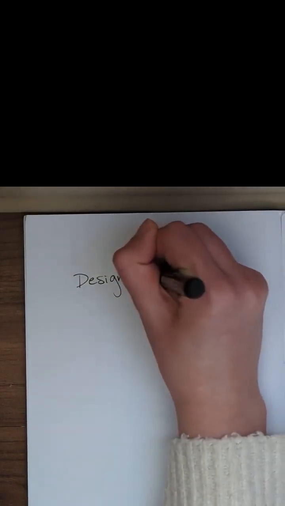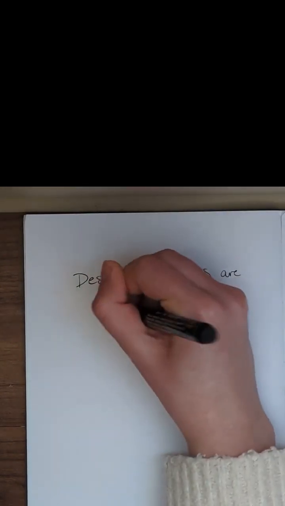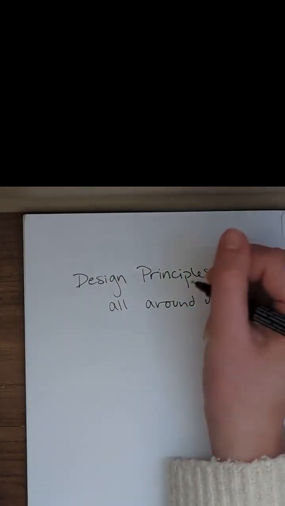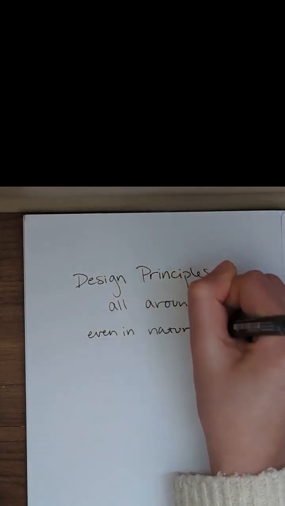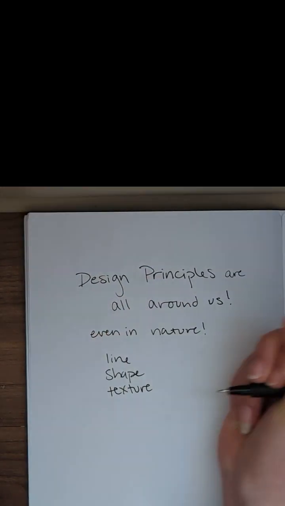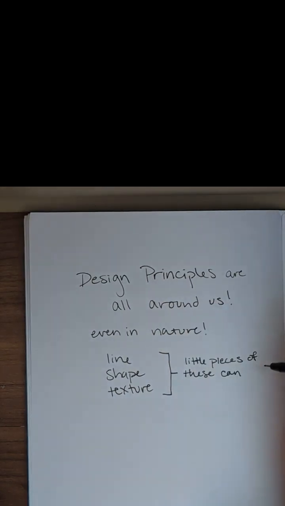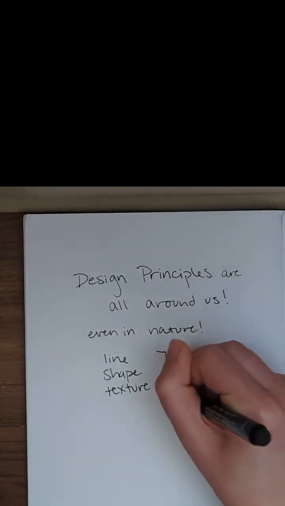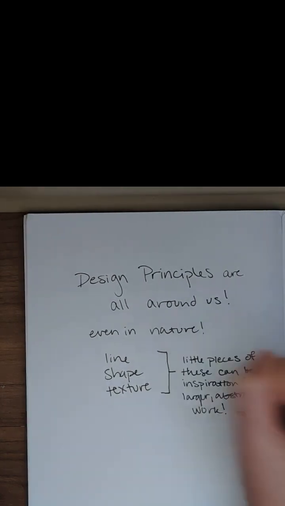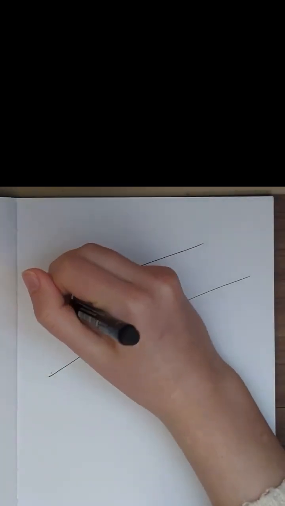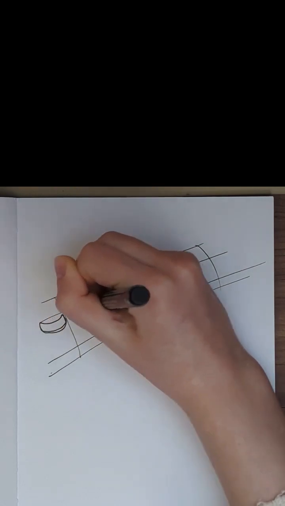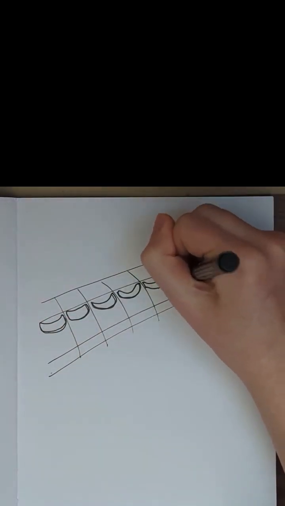You can see the design principles are all around us, even in nature. Line, shape, and texture, and those little pieces can help inspire you for larger abstract work. So I decided to deconstruct these different drawings of the cod roof as well.